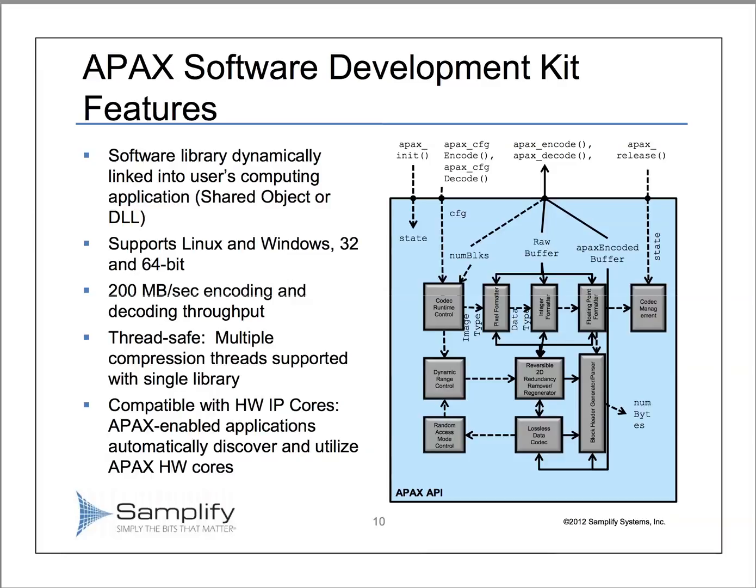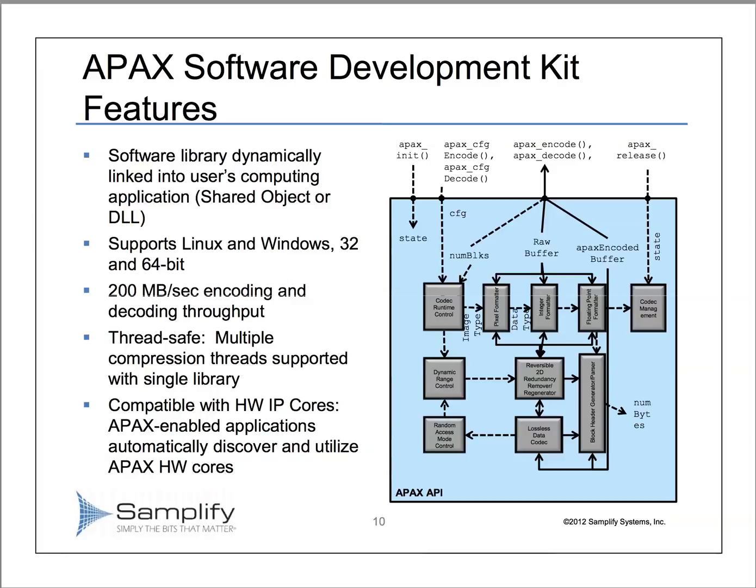And then when you're done, just release all the memory, and that's it. So very, very simple API, very easy to integrate into a HPC application or a big data application.